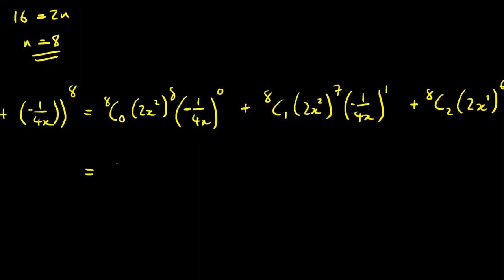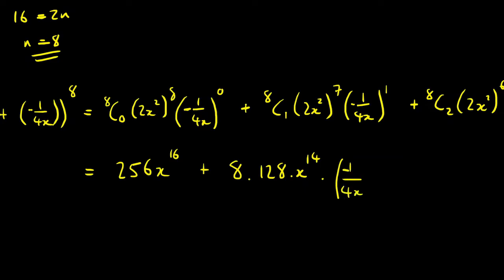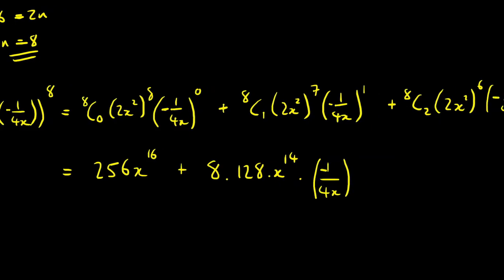Now then, we just simplify all this. Well, we already know the first term is 256x to the power of 16, so there's no need to work through that again. 8c1 is 8. We need to do 2 to the power of 7, which is 128. So 128x to the power of 14, right? Because (x²) to the power of 7, we multiply the powers, times negative 1 upon 4x. We're going to do the next term now.